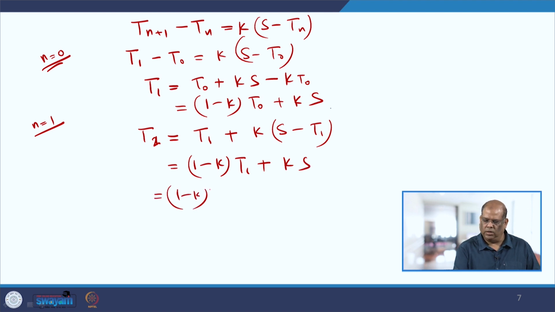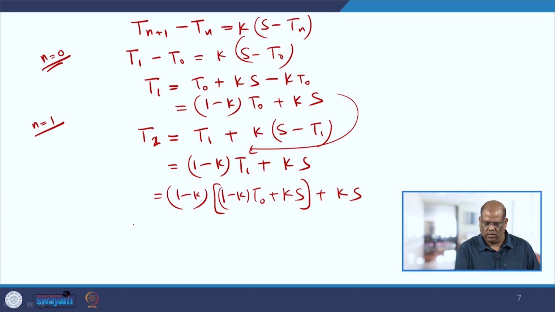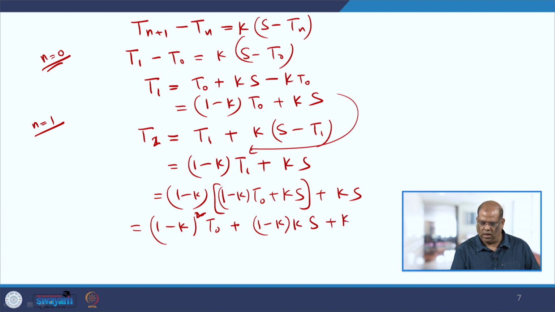I substitute what is T1 from here and I get (1 minus k) times ((1 minus k) T0 plus kS) plus kS. So, (1 minus k) whole square T0 plus (1 minus k) into kS plus kS. So, you can write this as (1 minus k) whole square into T0 plus (1 plus (1 minus k)) into kS.